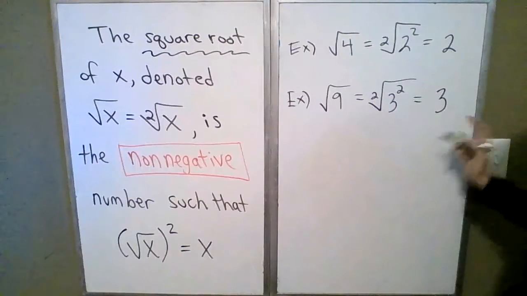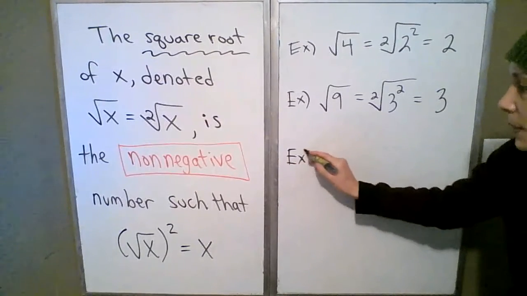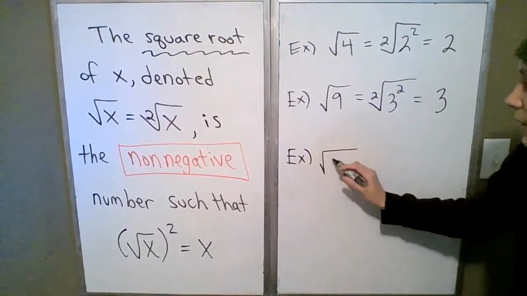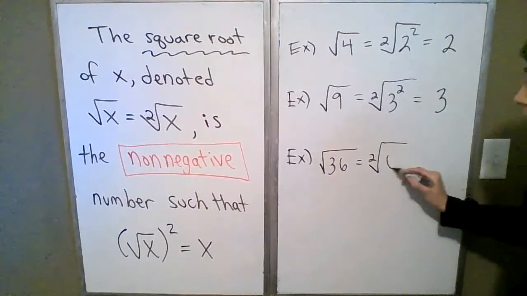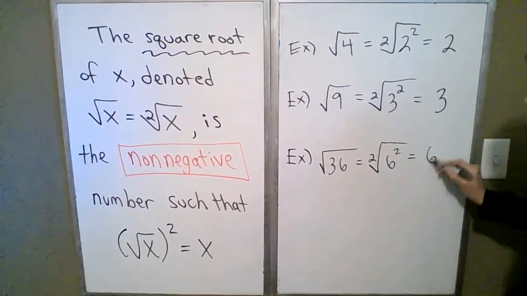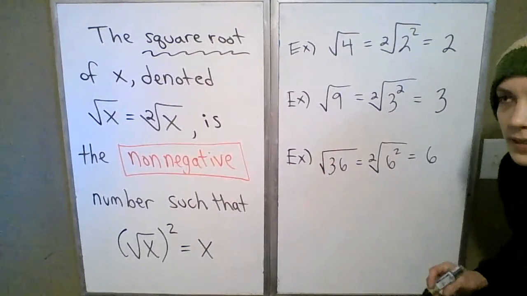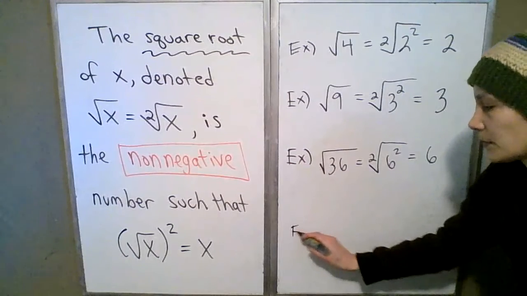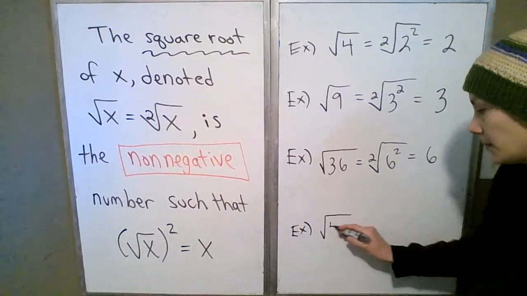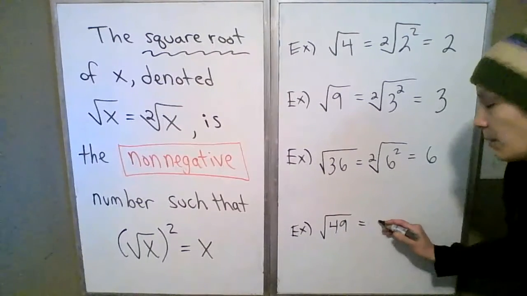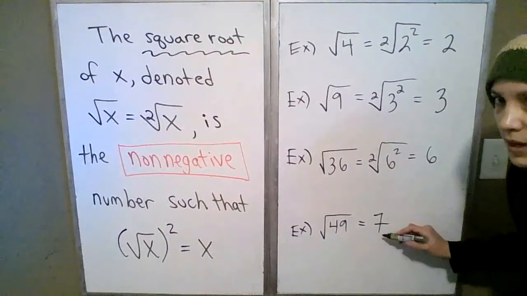There's only one answer to this, and it's the positive number. Let's do root of 36, which would be the square root of 6 squared, and you get positive 6. Let's do one more. Root of 49 needs to be positive 7. Only one answer, the positive one.